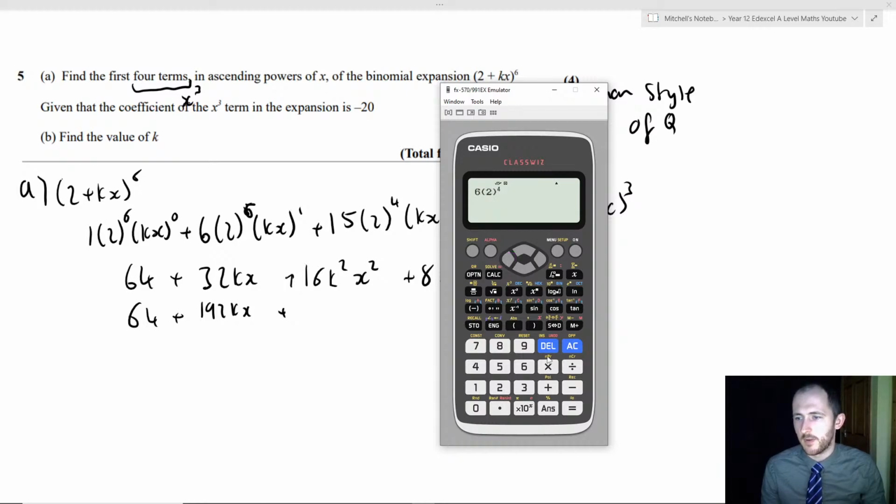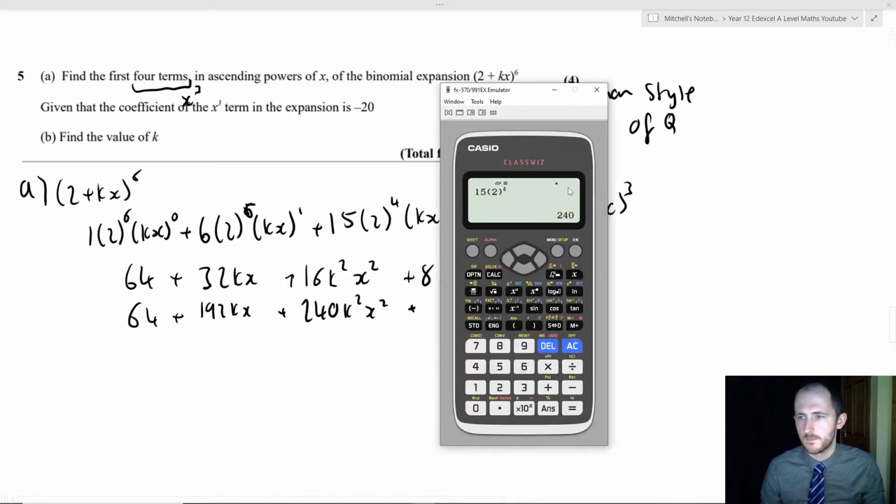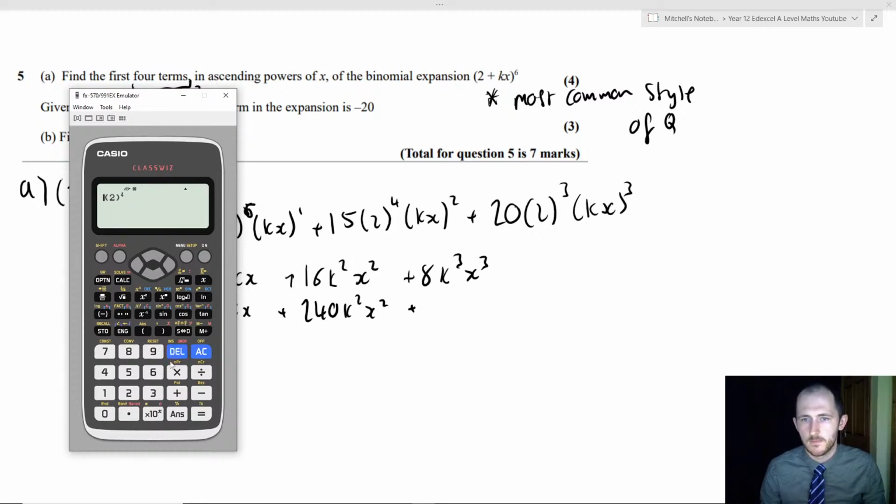So it can help to kind of break it down into doing the separate bits separate, but it's completely up to you what you want to choose. $160.